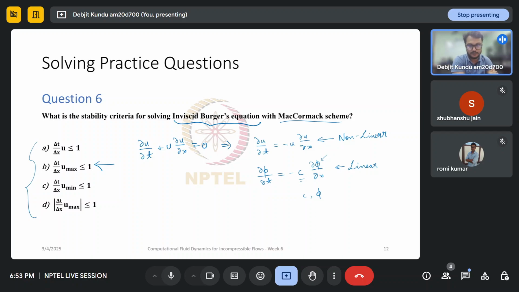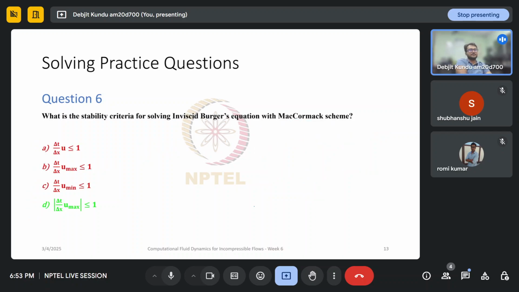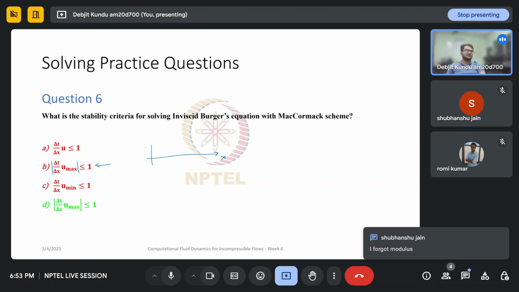Okay, so if we take a look at the solution, it's actually option D. So B was pretty close. It's the same as B, just with mod around this. So it's the absolute value of this term that matters, and that should be less than 1. So the main thing is this. I have some x, I have some solution of u over here.